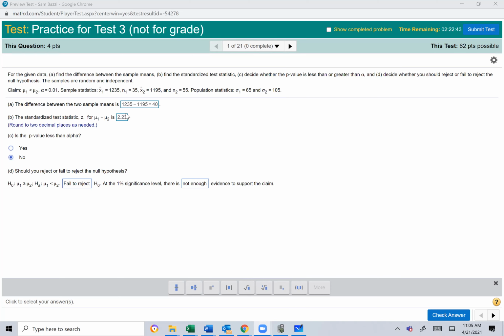Here, there are no proportions. He's giving you mu1 and mu2. Once he gives you mu1 and mu2, you know it has nothing to do with the chi-square test. It has to be either a 2-sample z-test or a 2-sample t-test. So that is the first question. Let's go to the next one.